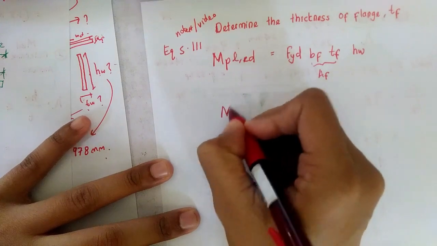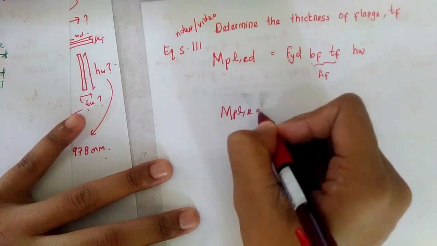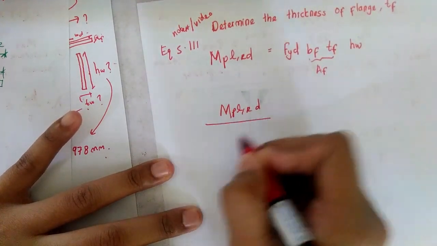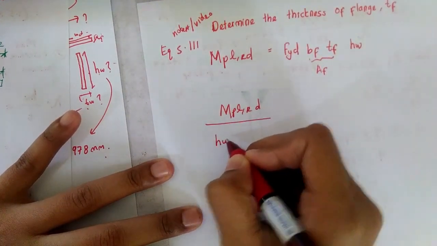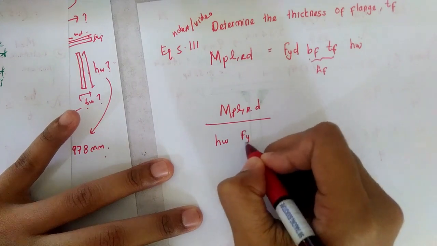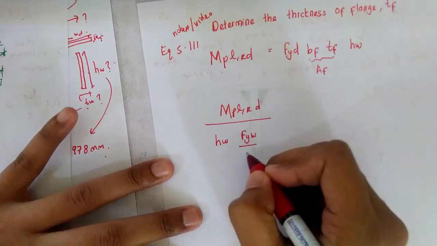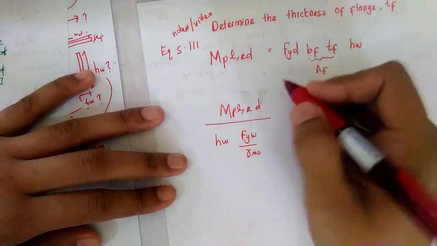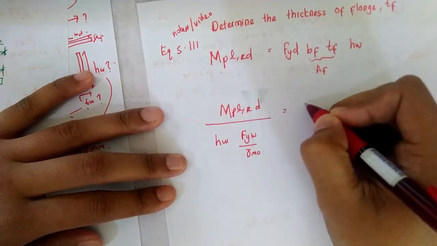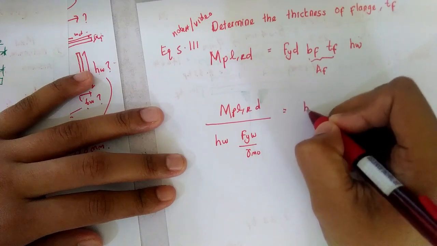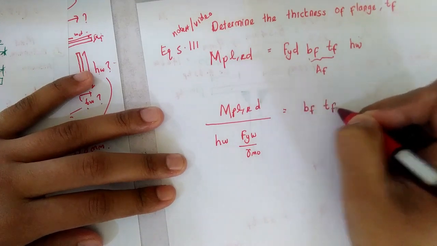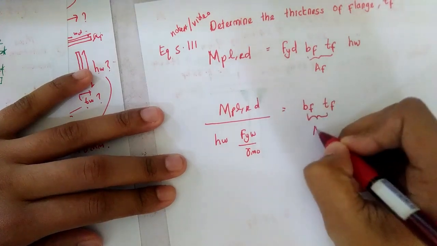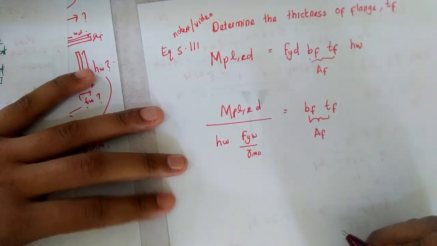So for MPLRD, we rearrange the equation, divided by HW and FYW over gamma M0, which is the aspect ratio. Then this will be equivalent to BF TF, which again represents your area of flange.